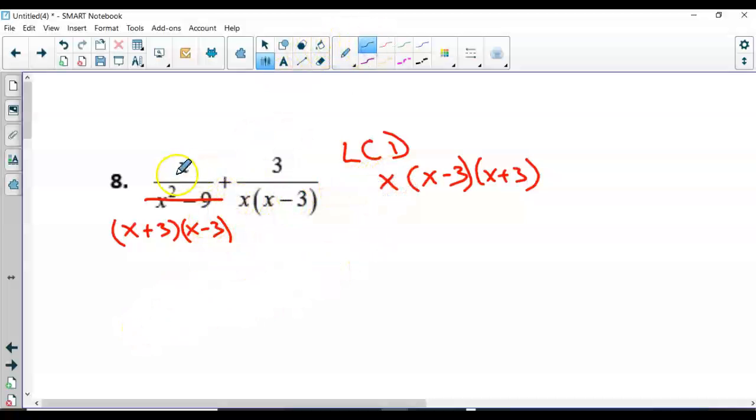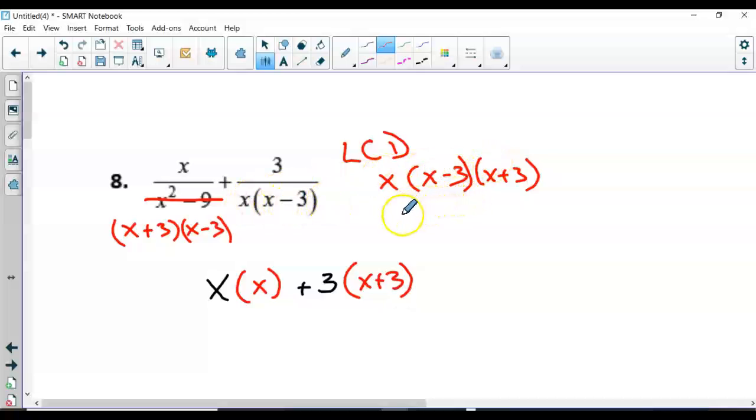So the first fraction, x, needs to get multiplied by x, because that's part of the LCD, plus 3 times x plus 3. Because x minus 3 is already part of the denominator, it has to get multiplied by whatever's left. All this is over top of our LCD.